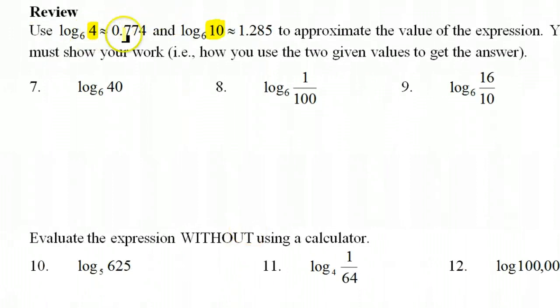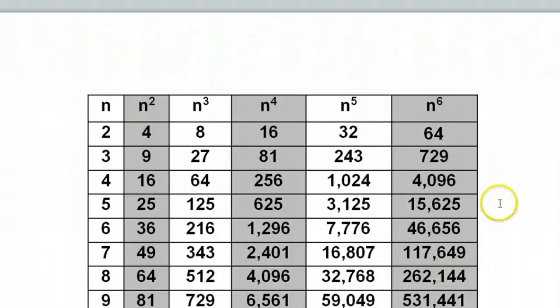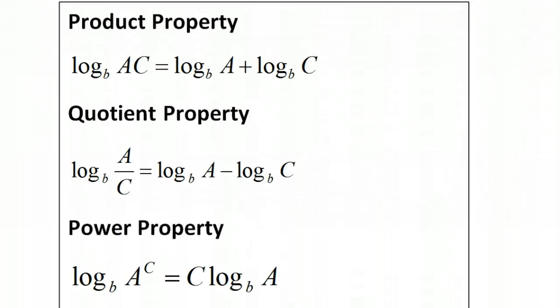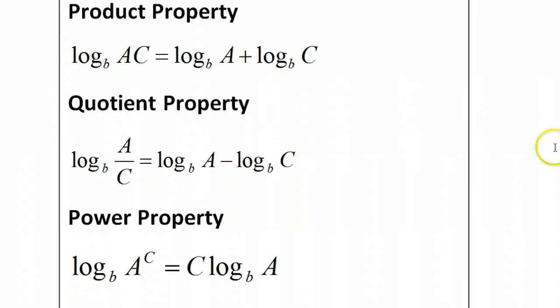Everything's got to be written with 4s and 10s. So, when you look at 40, how could I write that with a 4 and a 10? Oh, wait a minute. 40 is 4 times 10. Now I can use my properties. I'm about to use the product property, the log of a product, and split apart as addition.